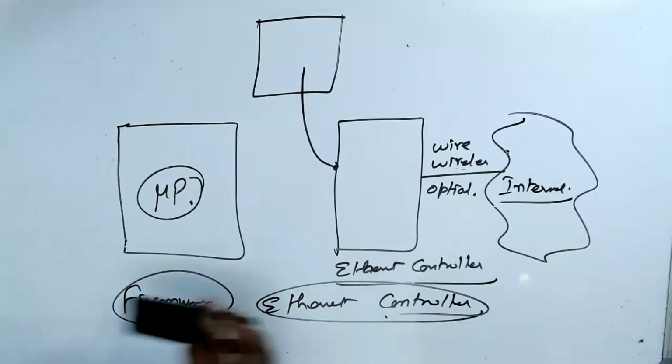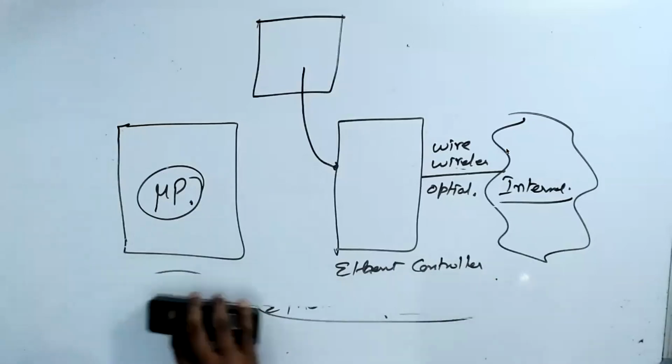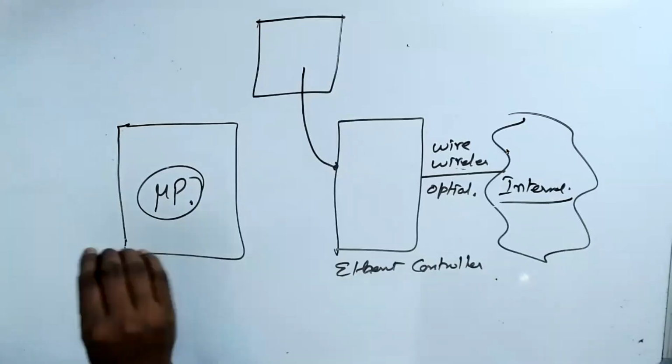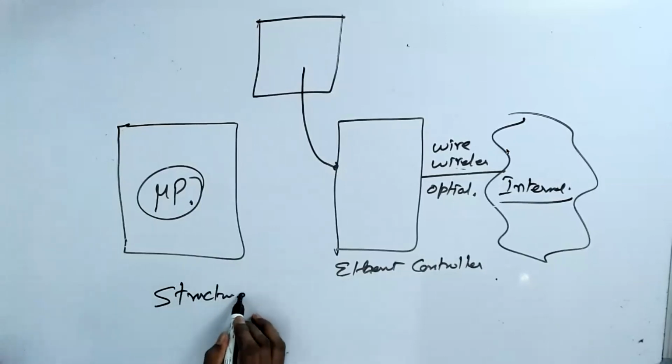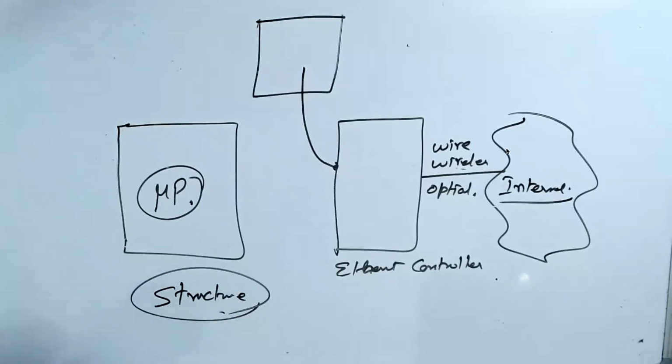Now we are going to explain how structure works. Somebody may be asking why I have to study structure. Don't get confused between data structure and structure. Data structure is full software. Here we are discussing structure in C language.